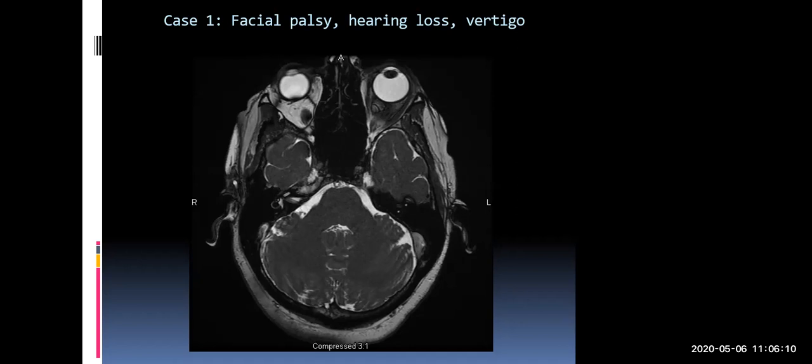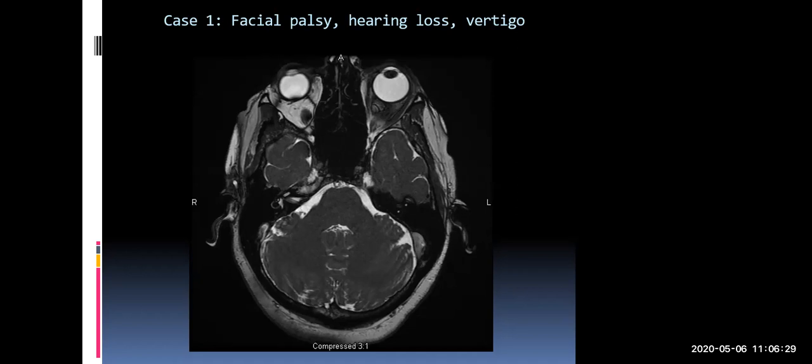This is a patient that presented with facial palsy, hearing loss, and vertigo suddenly all at the same time. There were really no other risk factors, and there's nothing on the physical examination besides the right beating nystagmus when you put Frenzel goggles on her.